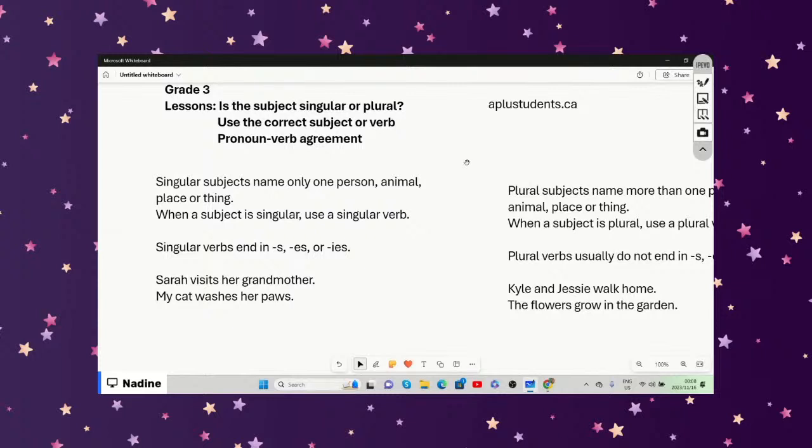The subject is usually someone that does the action, or, for example, the noun that does the action. So we are going to see if it is singular, meaning it's referring to one person, or if it's plural, referring to more than one person.